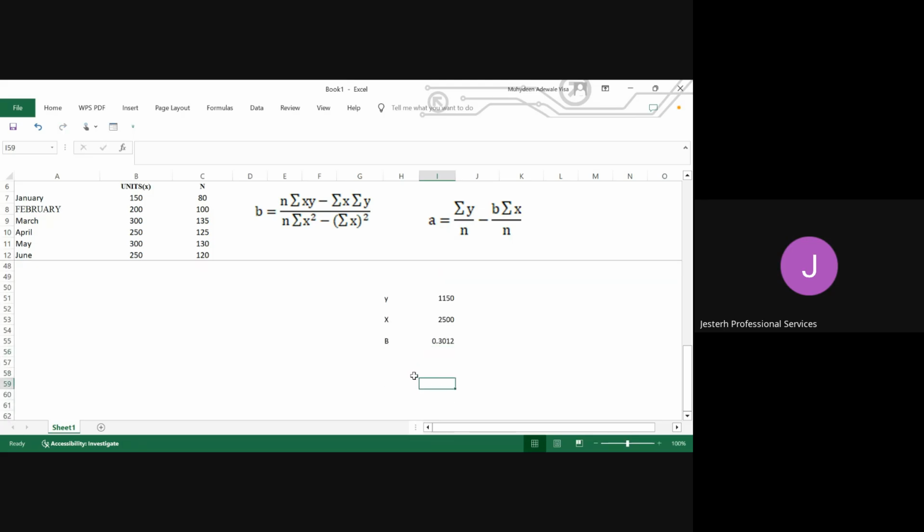Now we want to utilize the formula. Remember, the n still stands at 10. Now we want to determine our a, which is the fixed cost. We say summation of y. Our summation of y is 1150 all over 10.